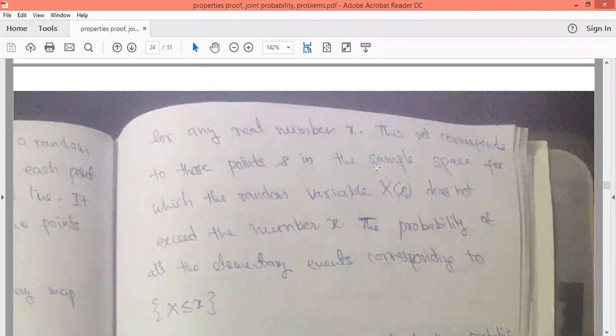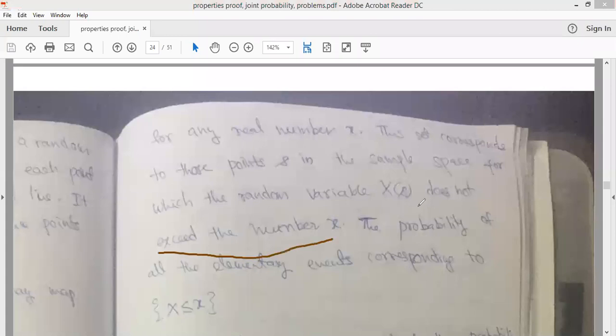So the number of elements in it should be less than or equal to the number of elements in the sample space. If it is more, it becomes multi-valued, and then you would have more values. That is why the random variable does not exceed the number x.